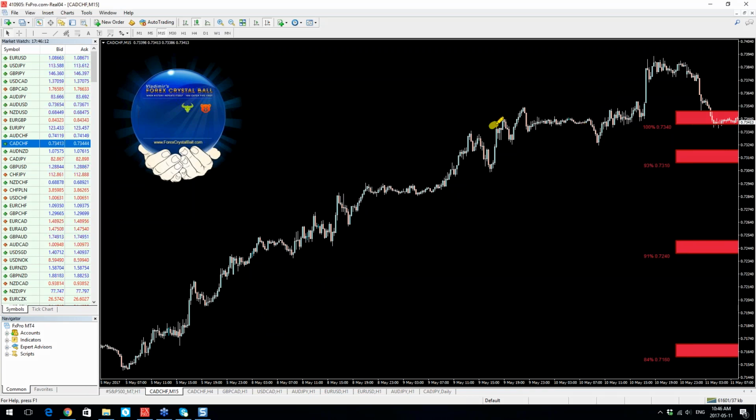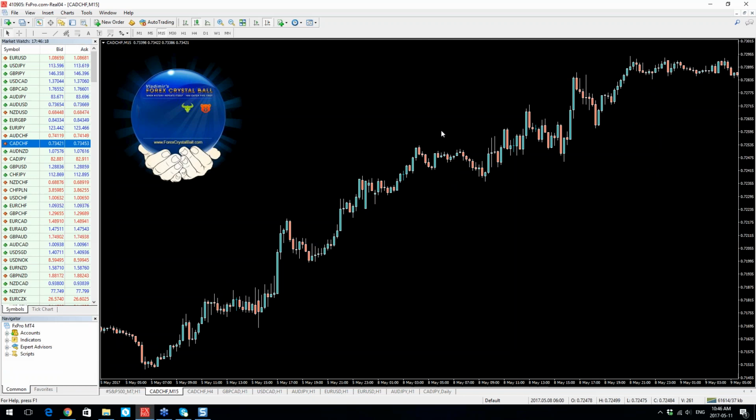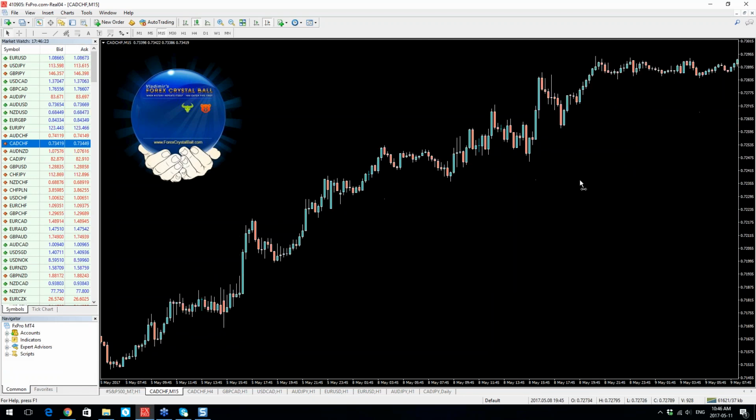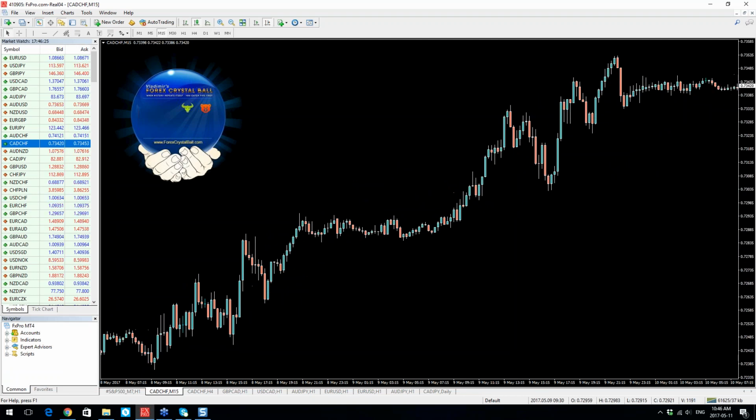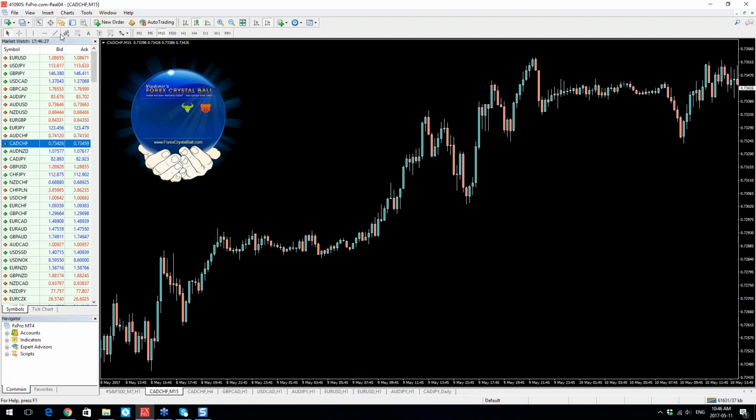It's something like that. You see this, guys? Let me just enlarge it a bit. Here, you see this? One big candle, 3 inner guys inside.